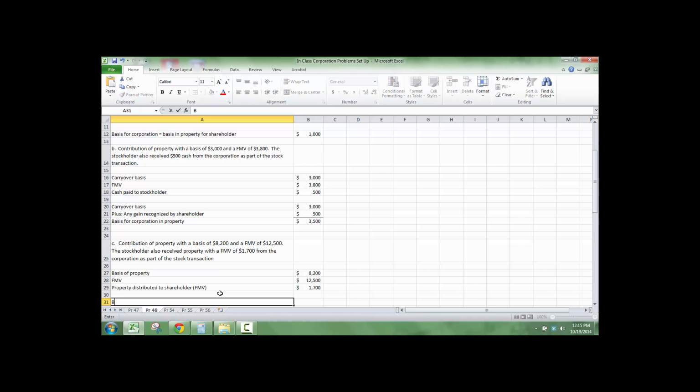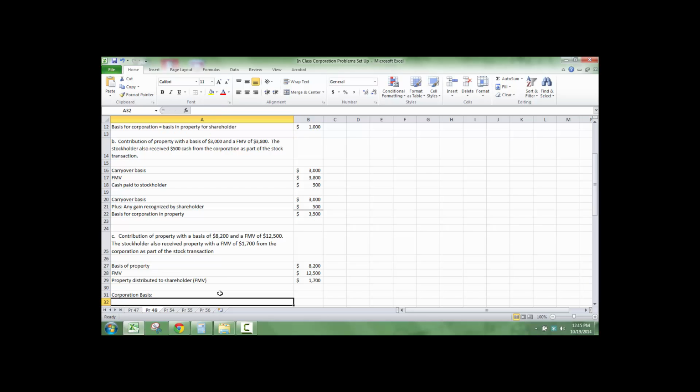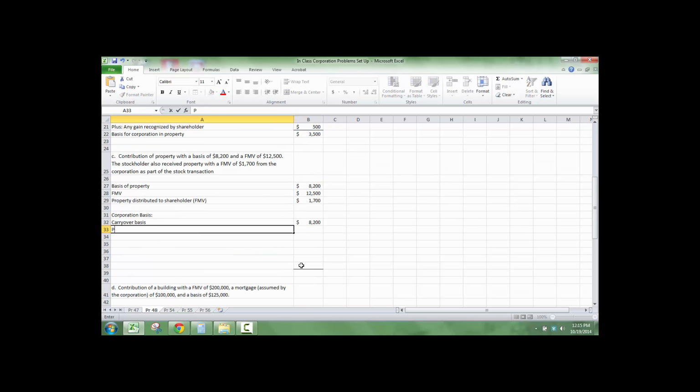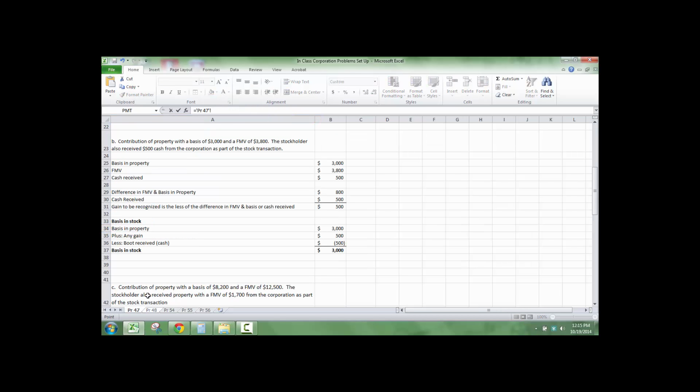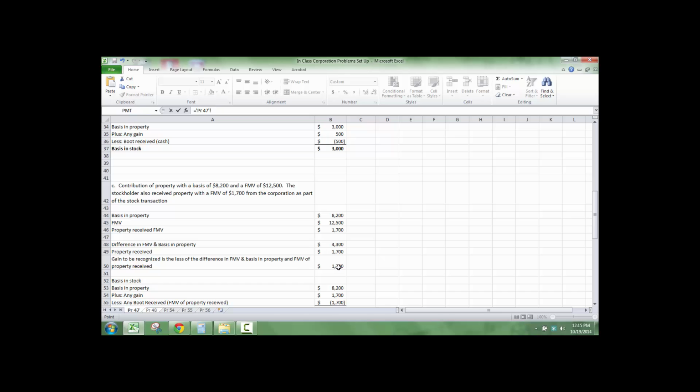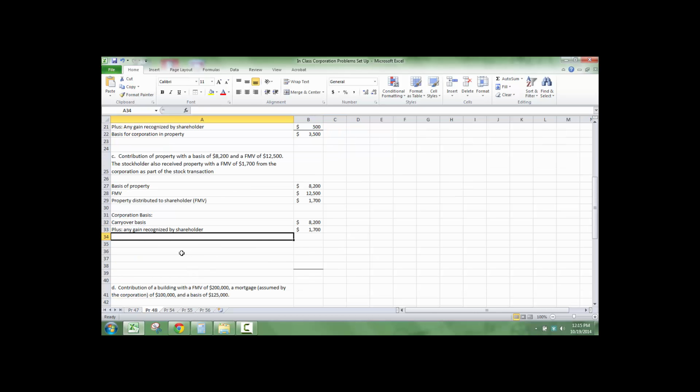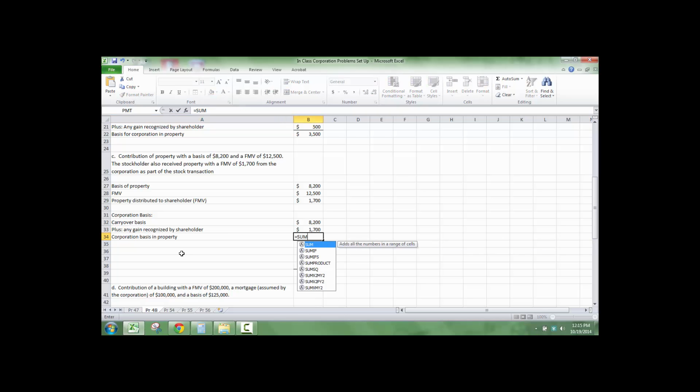So to calculate the corporation basis, we take the carryover basis, which is the 8,200, plus any gain recognized by a shareholder, which we calculated in the earlier problem. Gain to be recognized, corporation basis in property equals the sum of these two numbers.